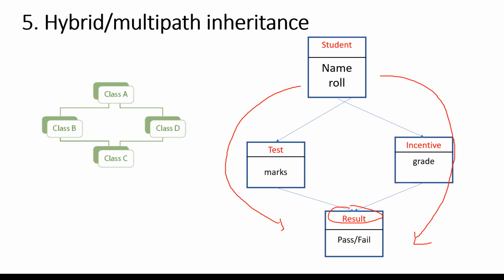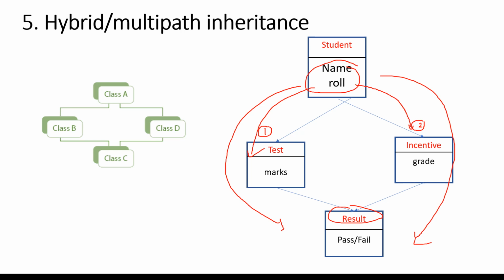Now what happens in this case is the name and roll number is derived from this class into test class. Okay, this is the one copy. Similarly, you are deriving incentive class from student class. So this content is copied again here. So again, this is the second copy of name and roll number.